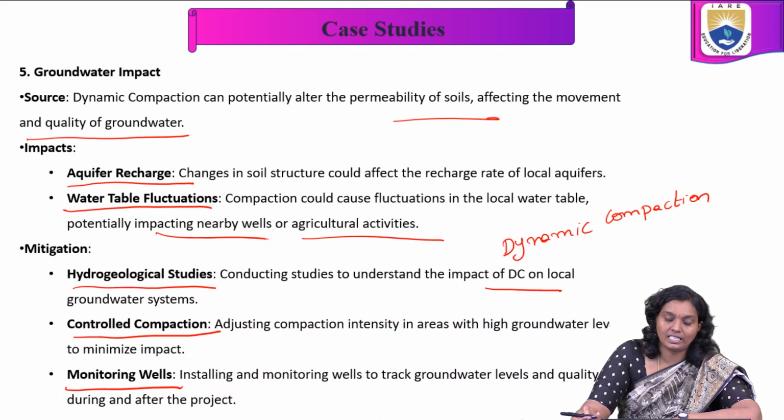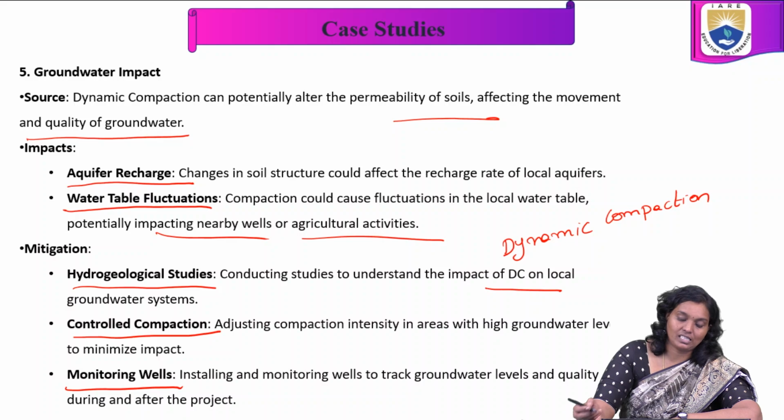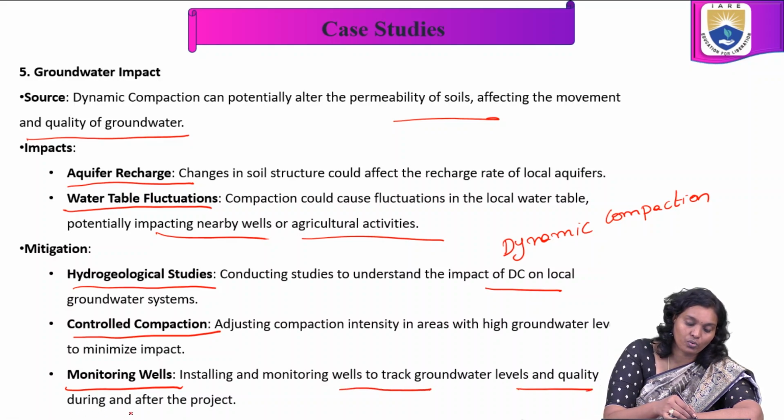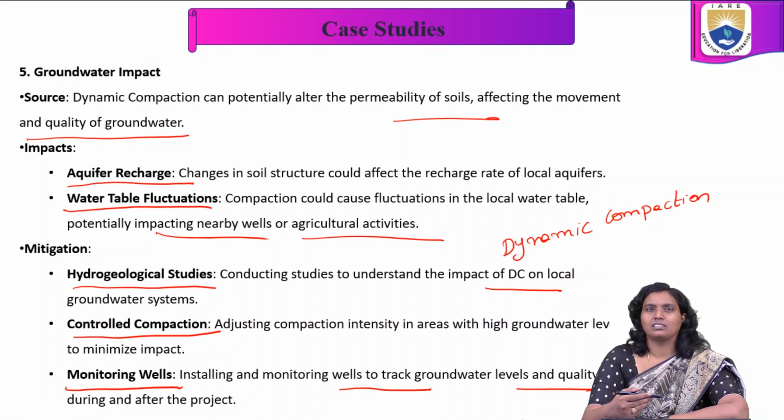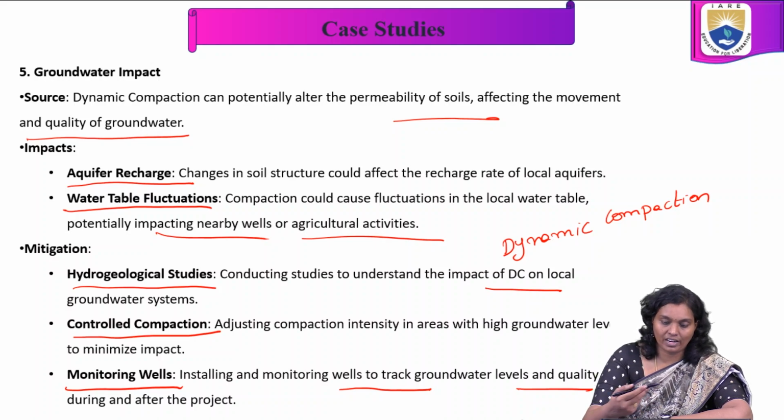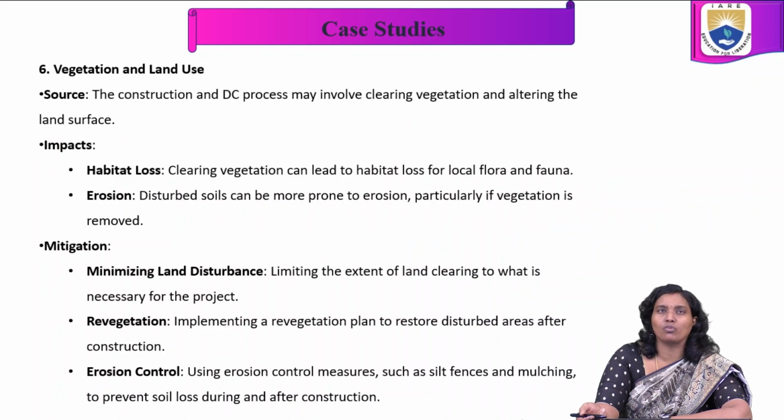Controlled compaction: adjusting compaction intensity in areas with high groundwater levels to minimize impact. Monitoring wells: installing and monitoring wells to track groundwater levels and quality during and after the project. These are the groundwater impacts and suggestions for reducing these effects.